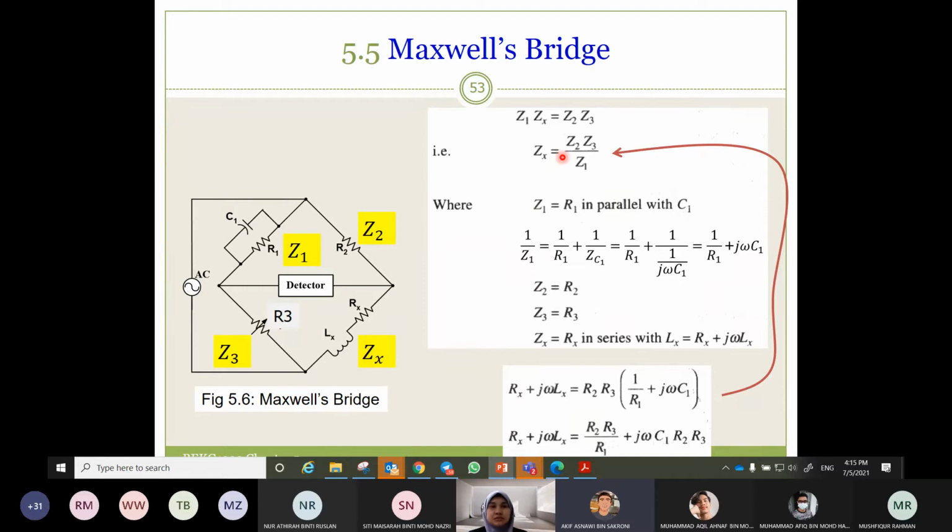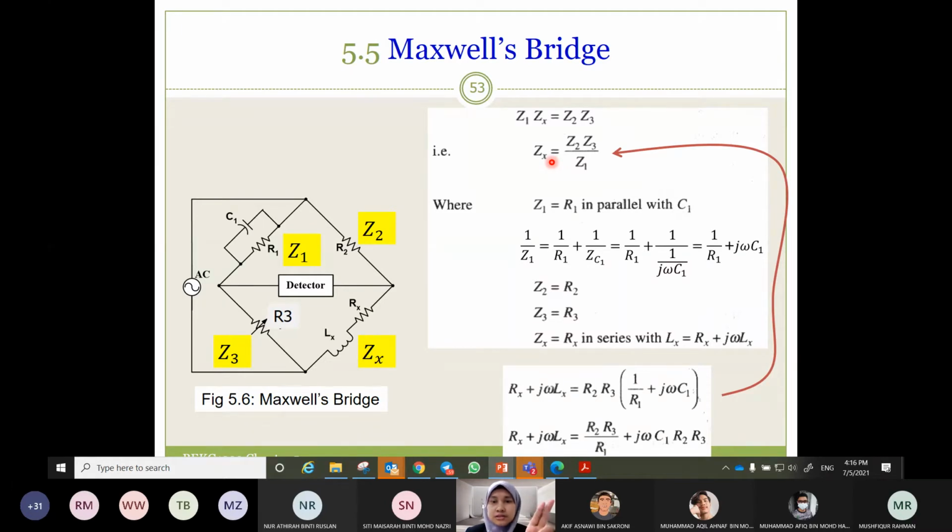Okay, so now after we define, the first step, please memorize this step. I will ask you after this. These are the steps in AC bridge circuit. The first step, write balance condition and take out the Zx.